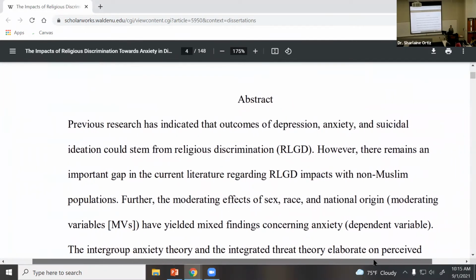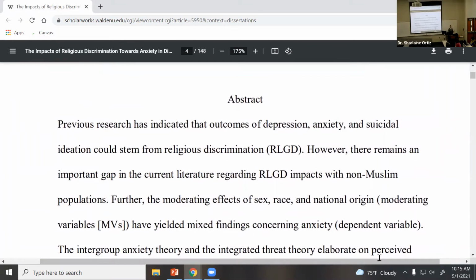summary, right? It's a short summary that should include the variables: independent variable, mediating variables, moderating variables, dependent variables. It should include how I defined the independent variable and how I defined the dependent variable.